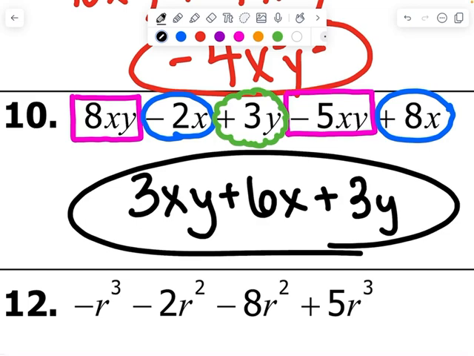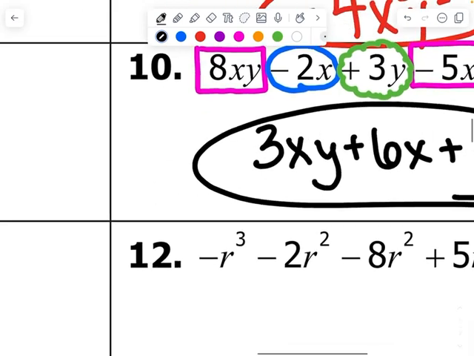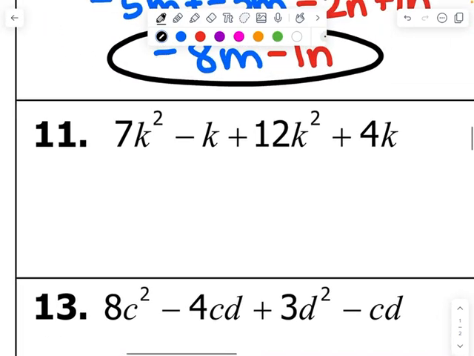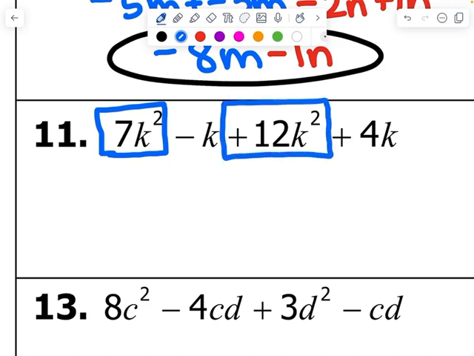Okay. Now, I want you to be really careful when we go to number 11, because in number 11, they're all k's. However, notice how this one is a k squared, which means its like term has to be k squared. So I'm going to put a box around 7k squared and plus 12k squared.